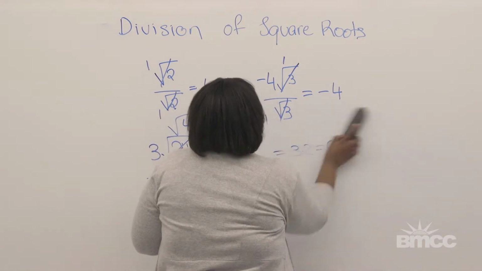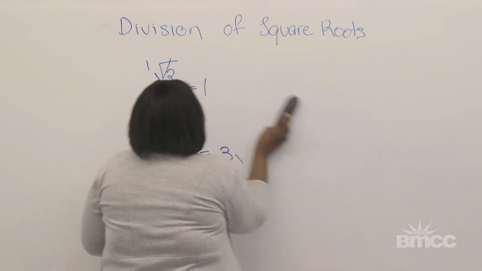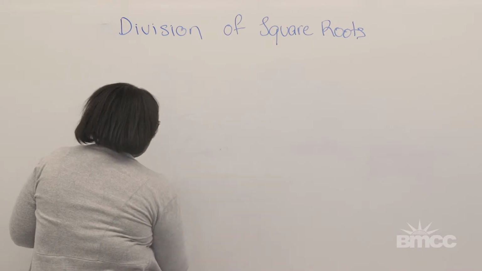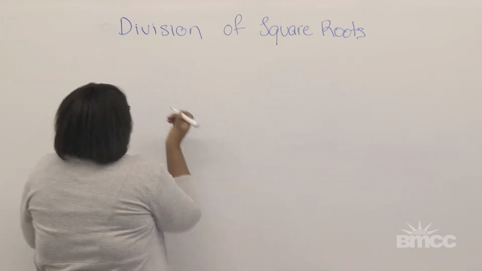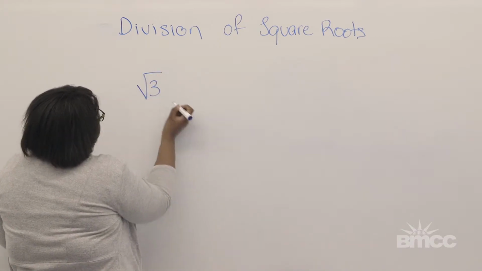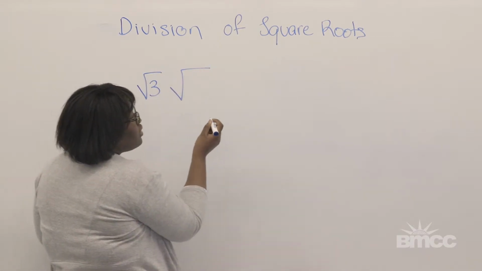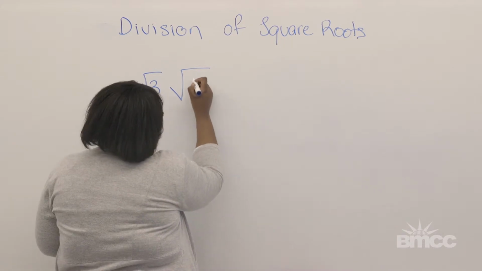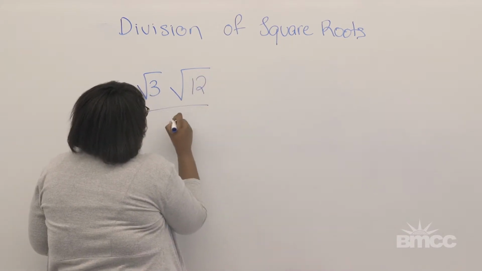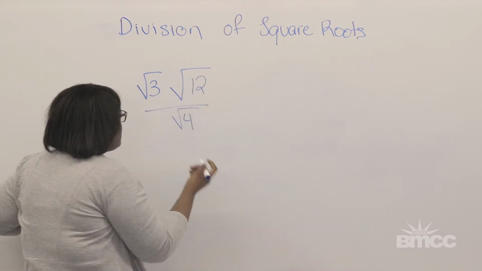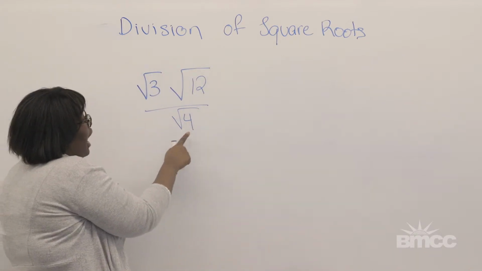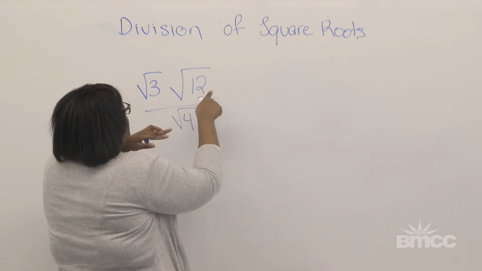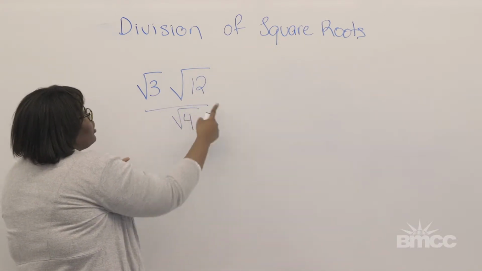Now, if we were to have the square root of 3 times the square root of 12 over the square root of 4. Here we have 3 different square roots, and we can see that we don't have a square root of 4 on top, or a square root of 3 on the bottom, or a square root of 12.